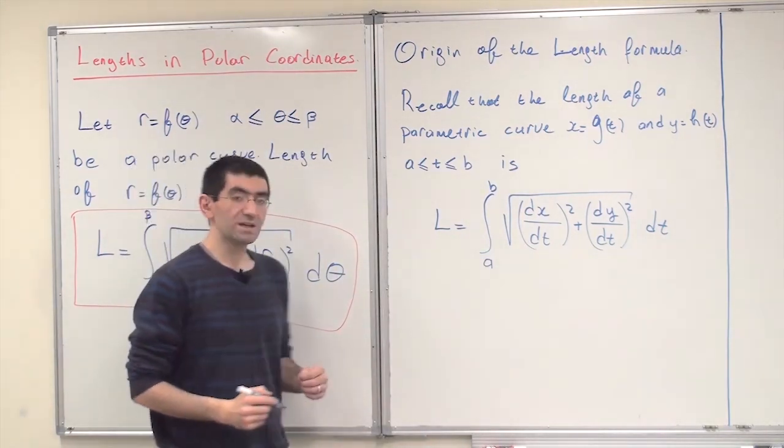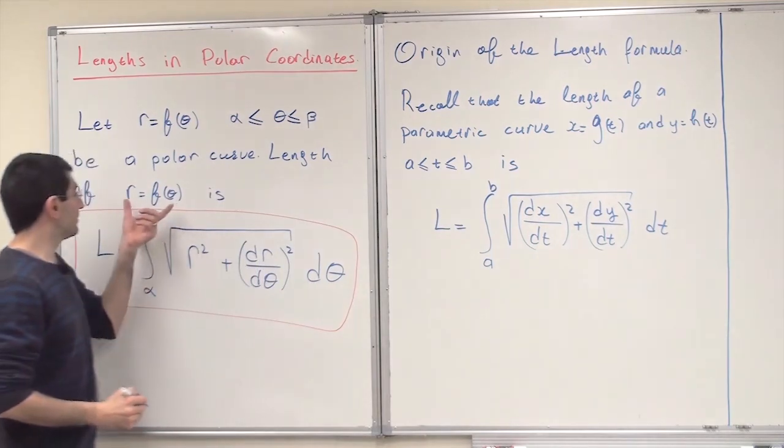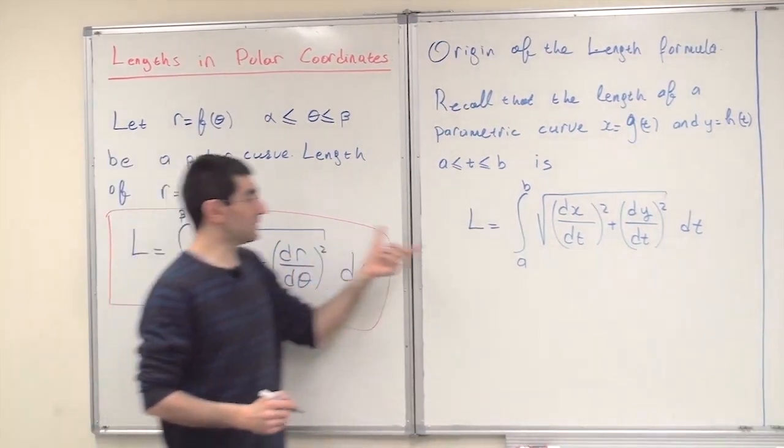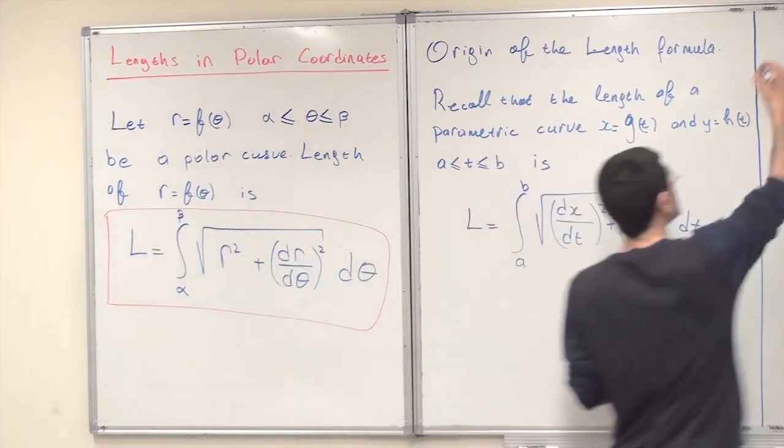Now, we can consider a polar curve in the form of r equals f theta as a parametric curve as follows.